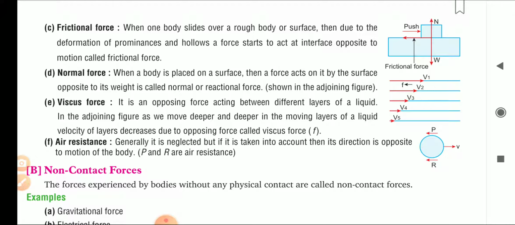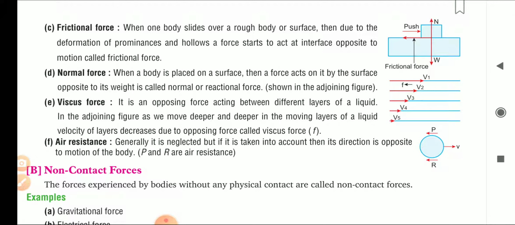Frictional force, we call it a necessary evil. Why do we call it a necessary evil? It is necessary, and it is also evil, or dangerous. If the frictional force is much more, with lots of pits and disturbance on the road, then our vehicle will not be able to move properly.